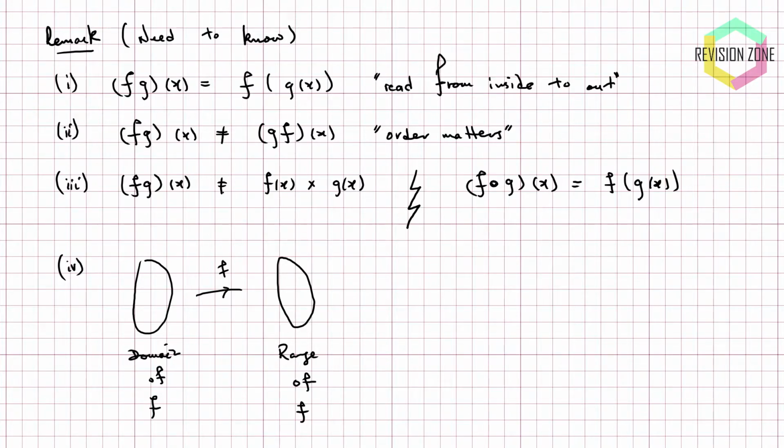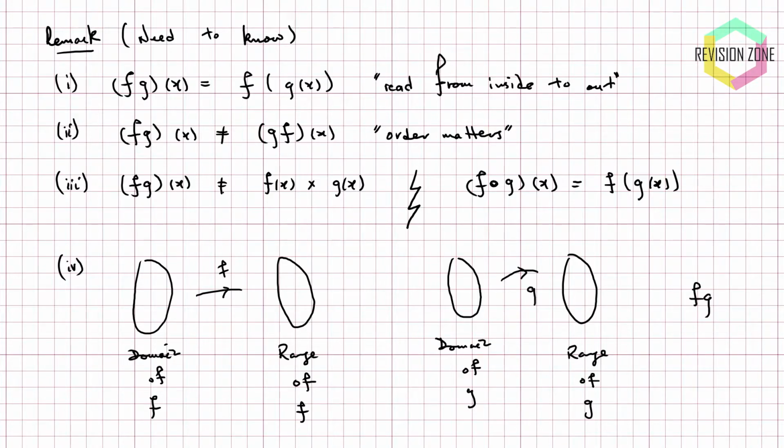Then you've got another function, say g, with its own domain and range. To be able to define the function f of g, or even g of f, we need compatibility between the range and the domain.